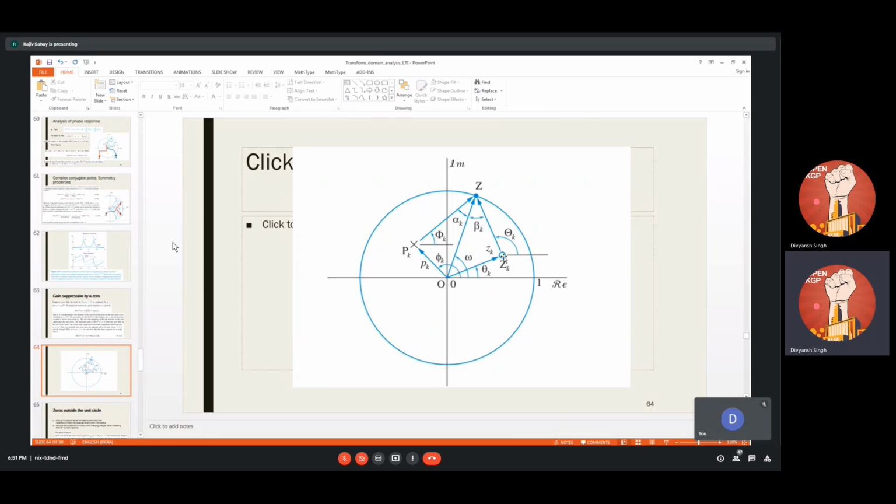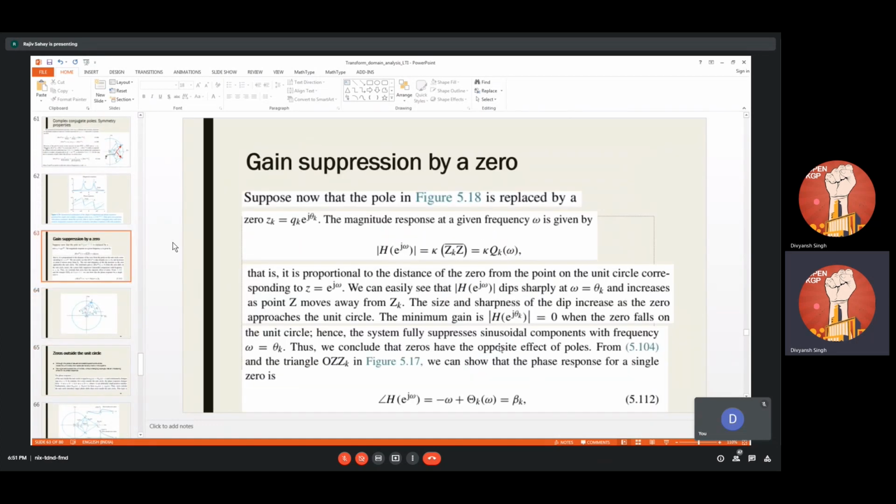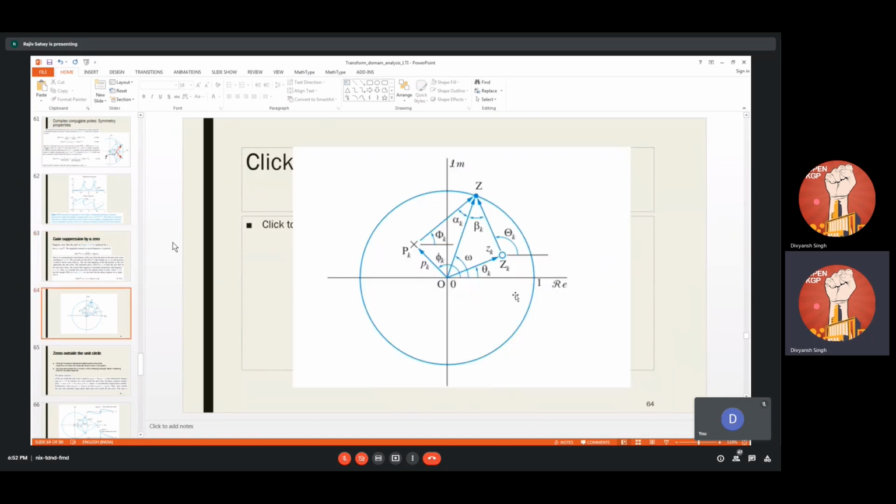The magnitude response we saw was equal to |z_k z|, the vector from here to here, and it was proportional to |z_k z|. And the phase response beta_k is equal to theta_k(omega) minus omega. This you can prove yourself. You just extend this line, so you will get this angle as theta_k, and then you can start manipulating and get it from this triangle.